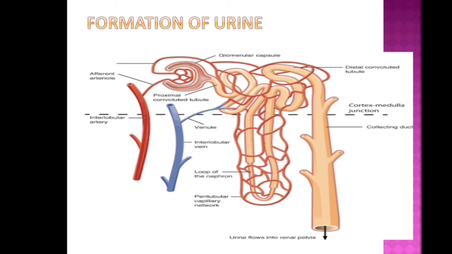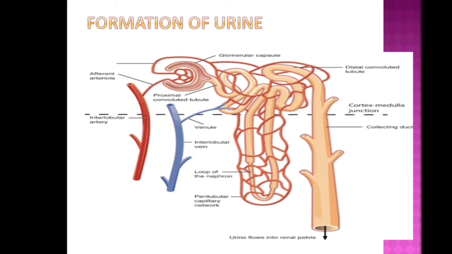Then the glomerulus filters this blood, and during this filtration substances like glucose, amino acid, salt, water and urea which are present in the blood pass into the Bowman's capsule. So you see the Bowman's capsule, and then it enters the tubule of the nephron.